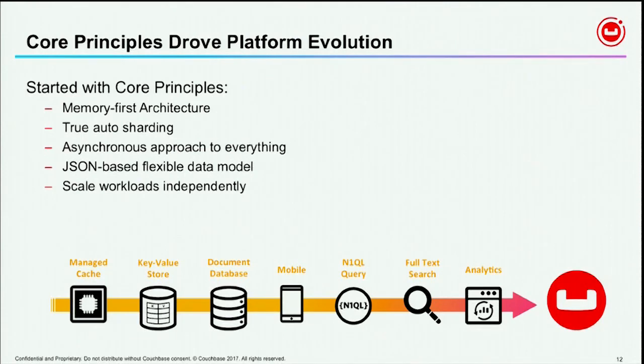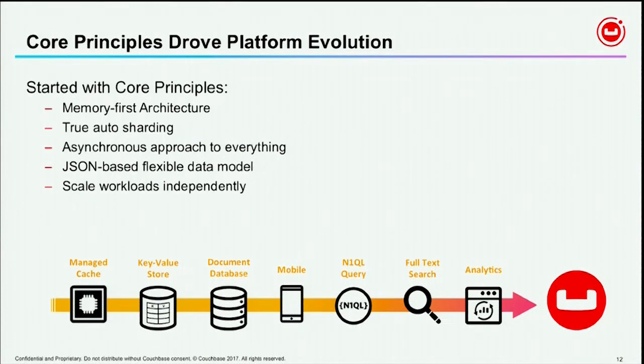So starting off with very simple caching layers and key value storage, adding support for JSON, for more complex querying and indexing, adding support for full text search and mobile synchronization, soon to be in developer preview, support for real-time analytics. All of this built on a memory-first architecture designed for clustering and auto-sharding from the start.